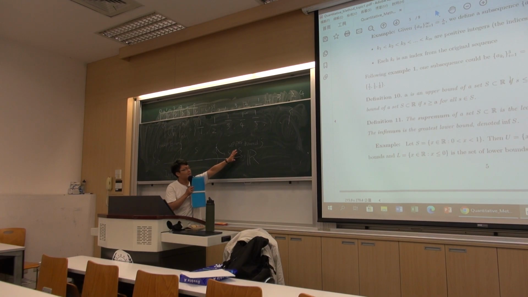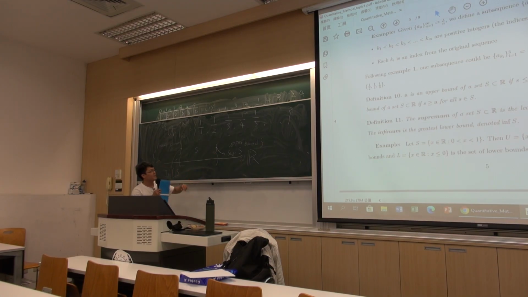And within this upper bound set, we can find the smallest number of it, and we'll call it sup S. If this set is A, then it's sup A. Hopefully you can get that. So it's the least upper bound.